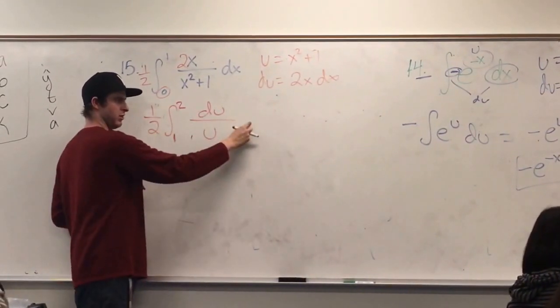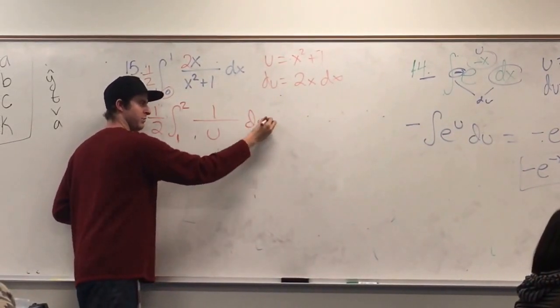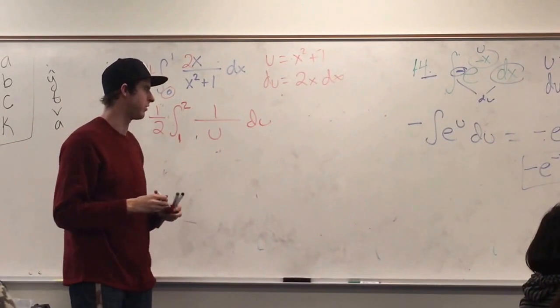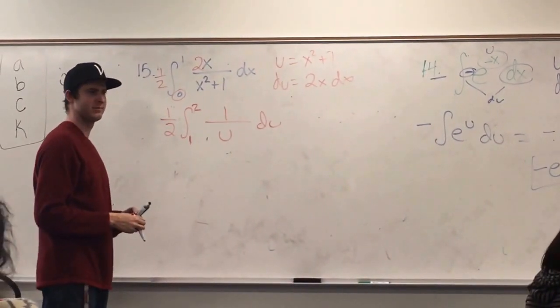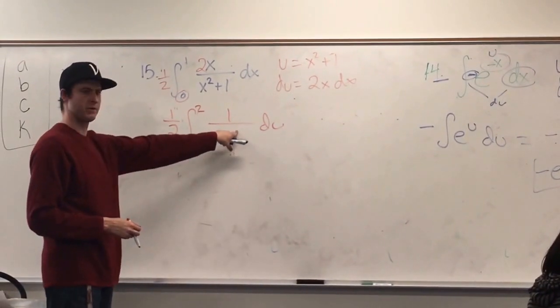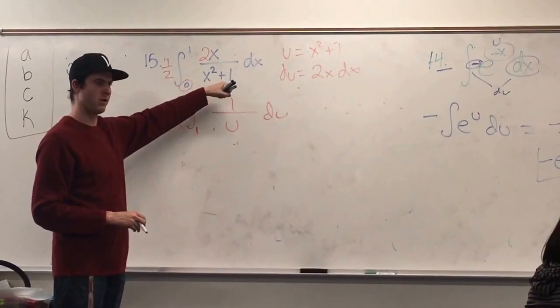You could move the du outside and make it like 1 over u du. That might help some people. What's the integral of 1 over u? It's like u to the negative first power, so it's like u to the 0 over 0. You can't do that. You have to just remember integral of 1 over u.